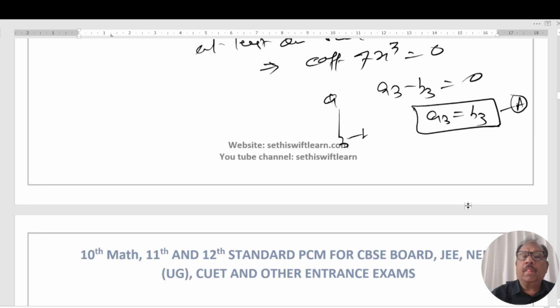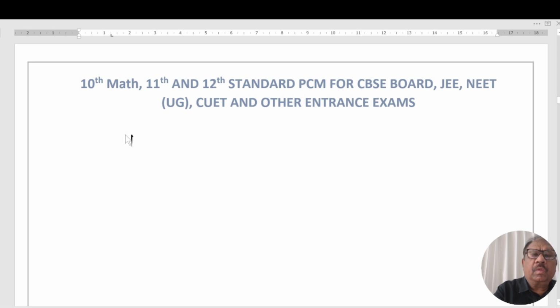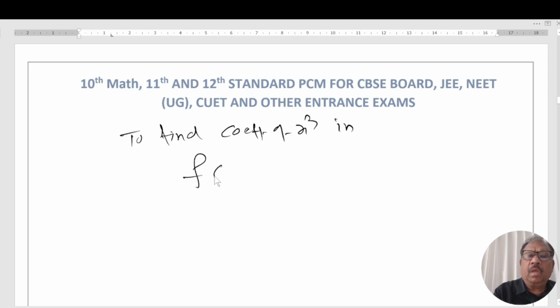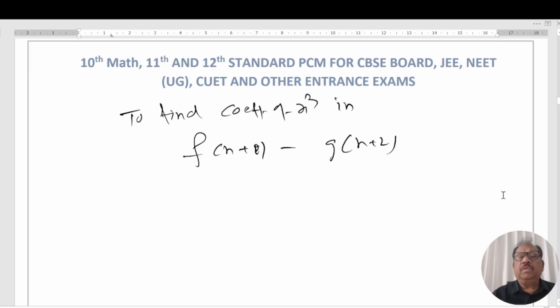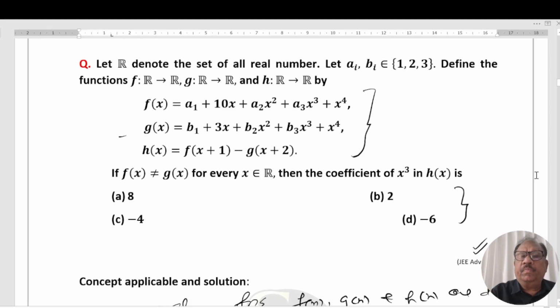Further, to find the coefficient of x cube in f(x+1) minus g(x+2), it means x cube power will occur in these two cases.